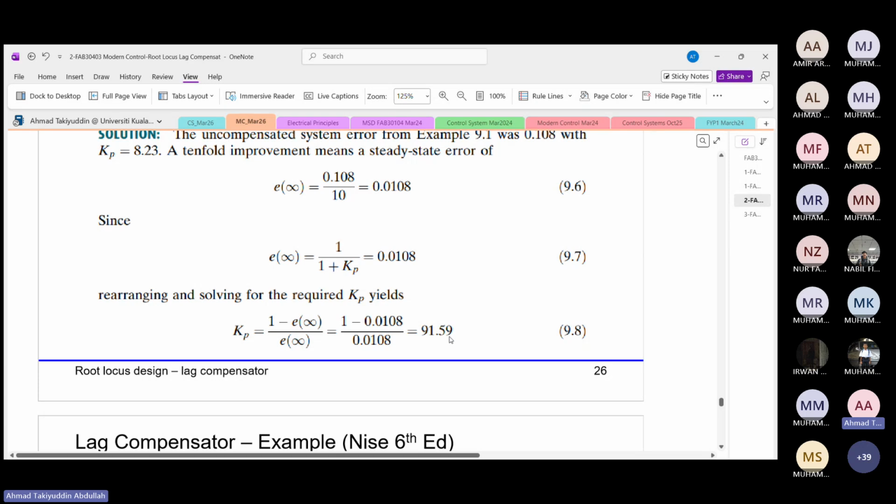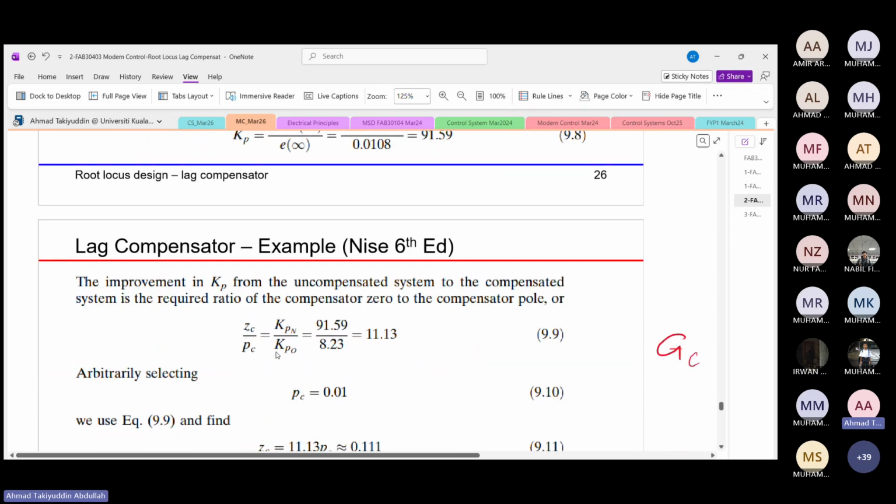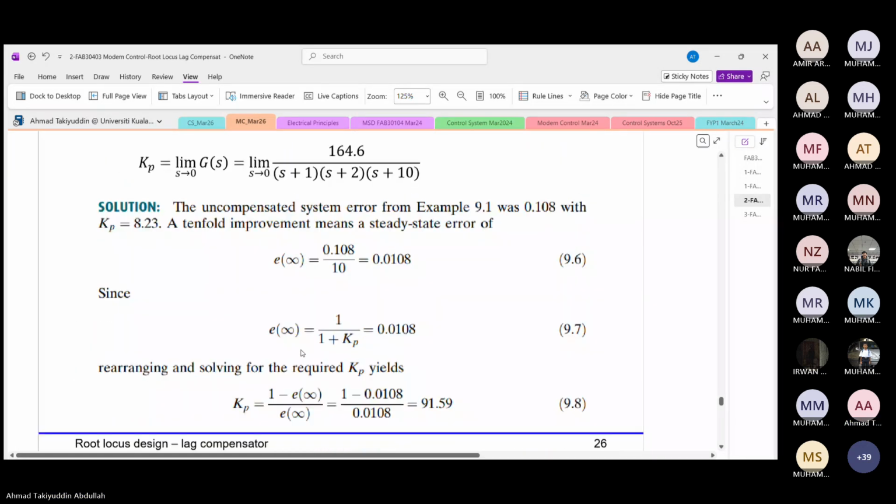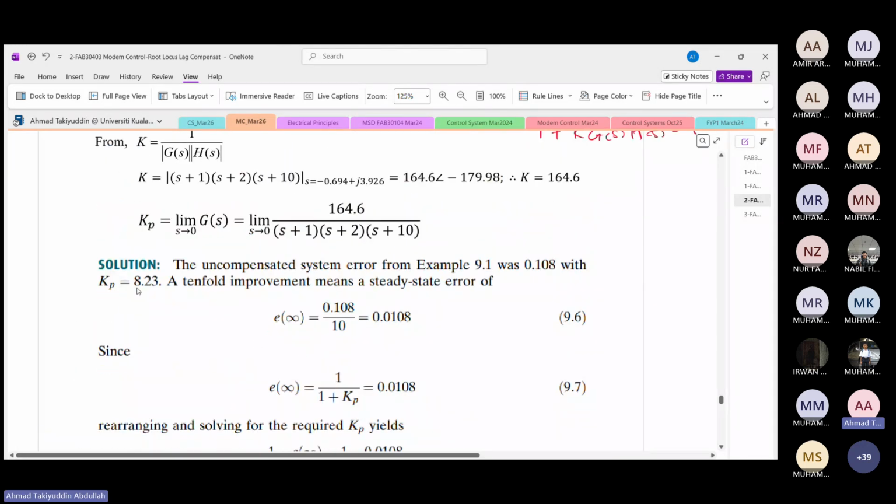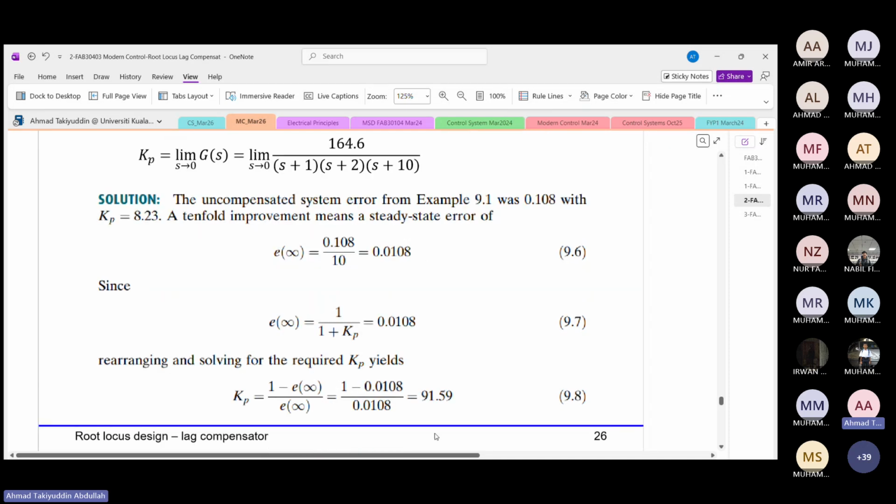From here, you have the equation ZC over PC is equal to KP new over KP old. The original KP that we have is known as KP old, and the KP after the tenfold improvement is KP new.